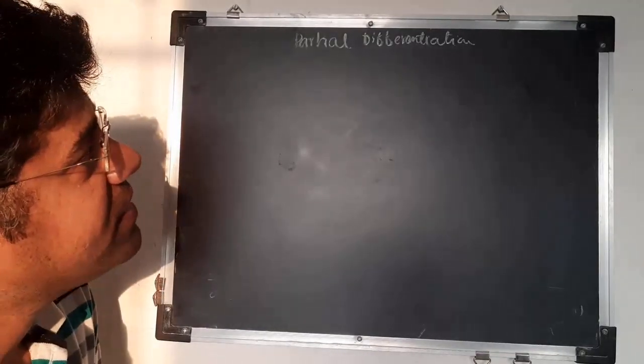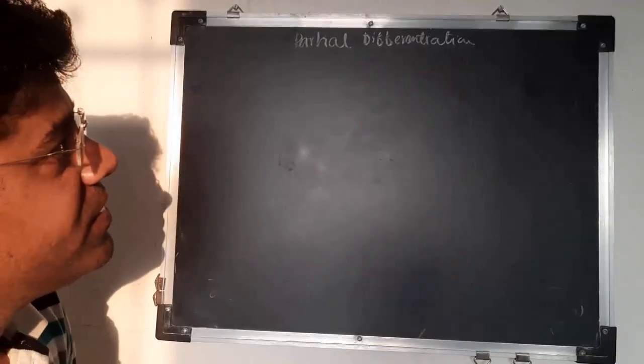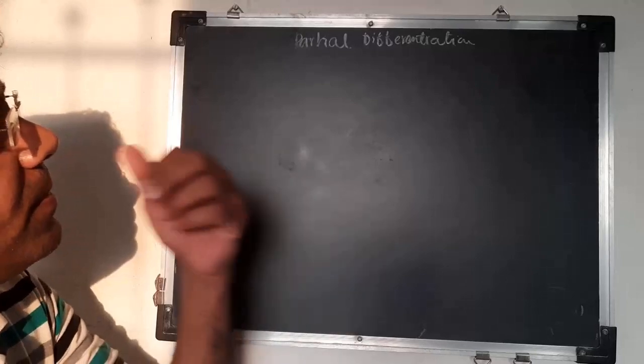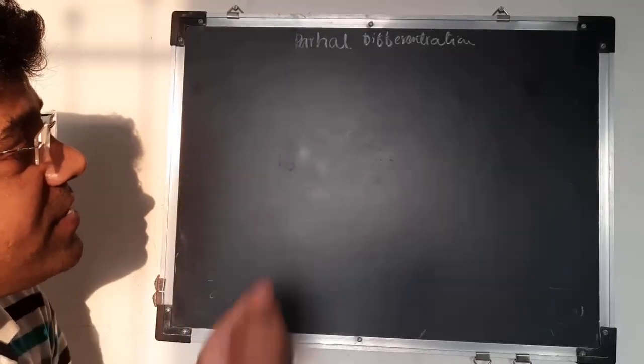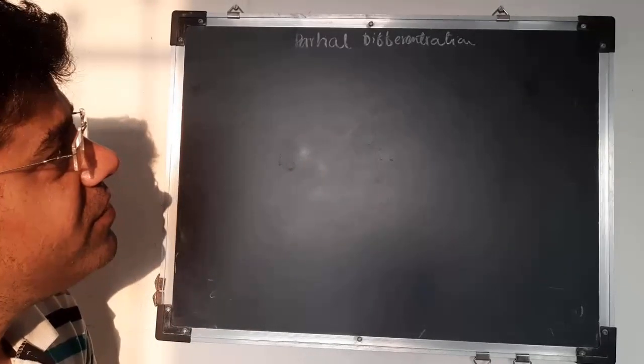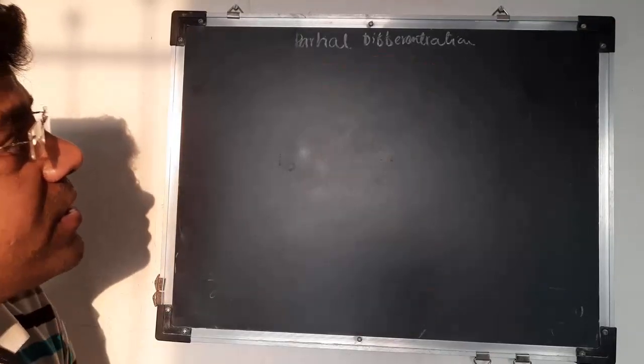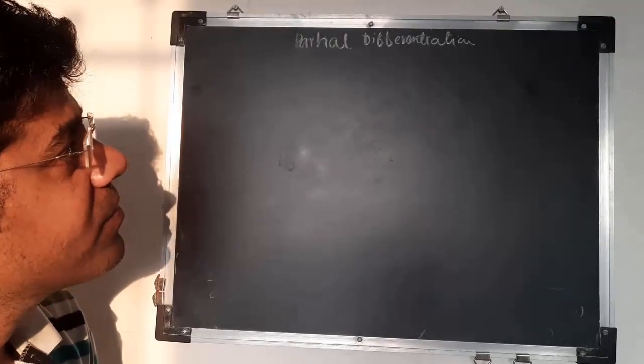So basically we will see in this particular chapter the introduction of differentiation, then we will see the partial differentiation if two or more than two independent variables are there, so we have to do the partial differentiation of that one.